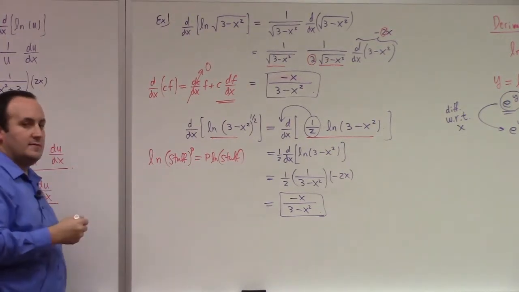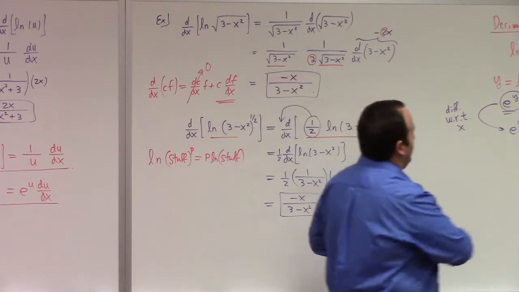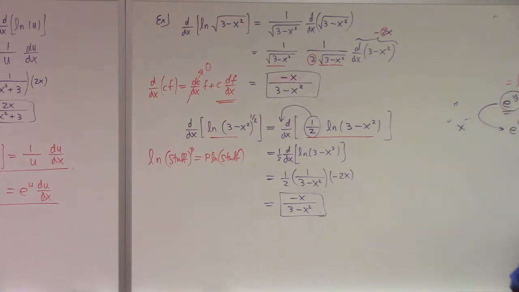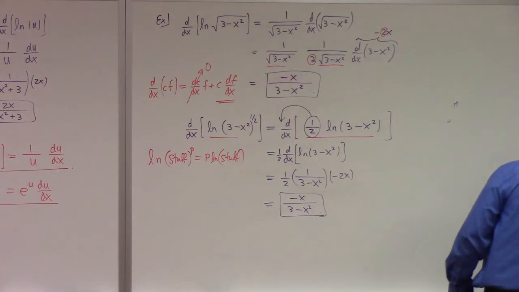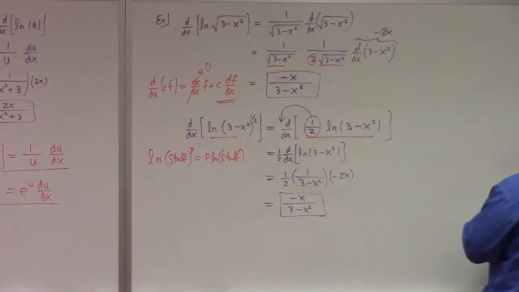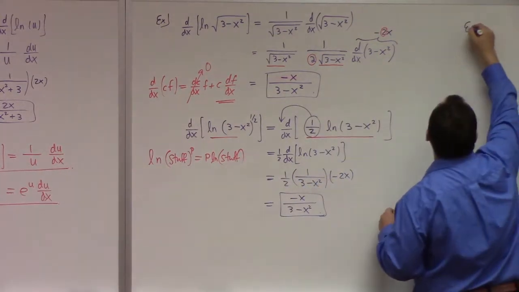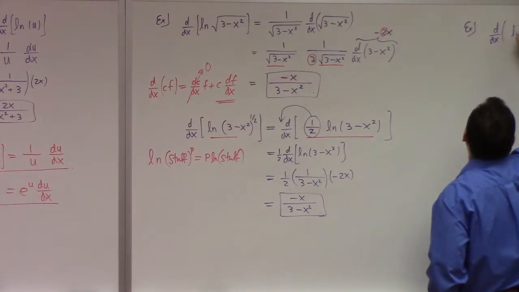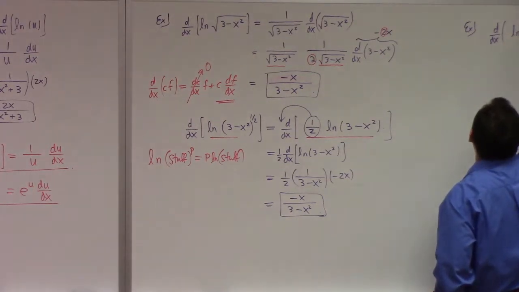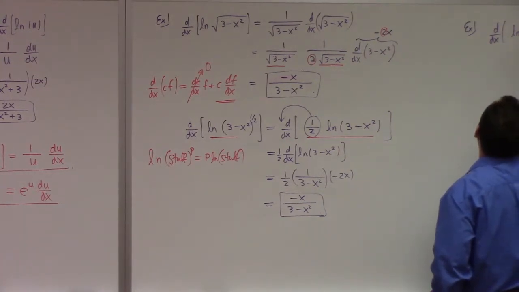Let me show you another example. Suppose we wanted to differentiate with respect to x the natural log of e to the x times the square root of x divided by x squared plus 42.